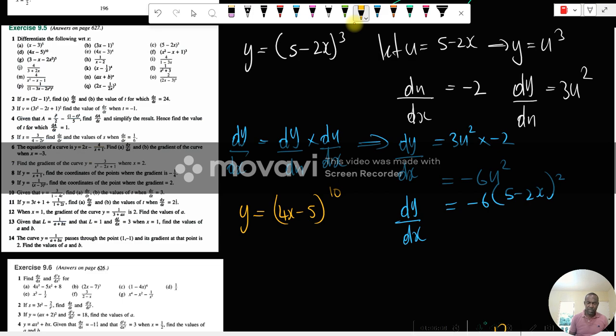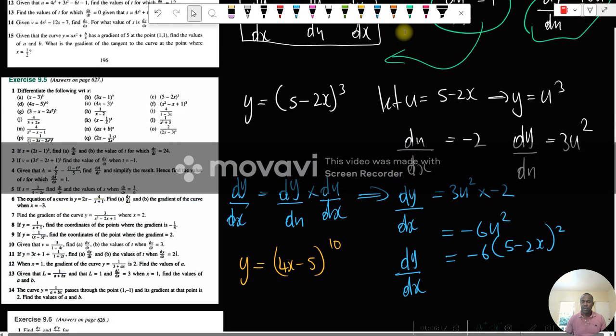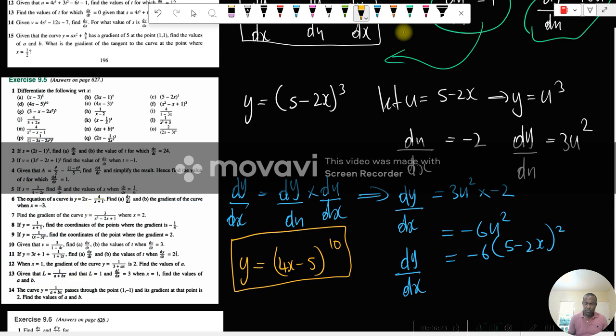So first of all, of course, you're going to let u be equal to 4x minus 5. Find du by dx, similar to what I did here. So write down the problem. Y is equal to 4x minus 5 to the power of 10. And try applying the chain rule by first making your substitution.